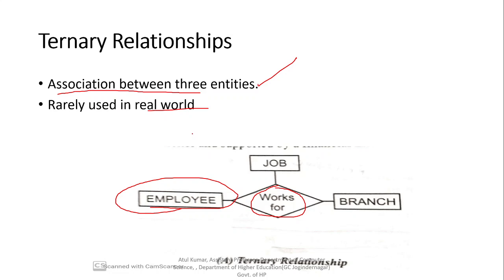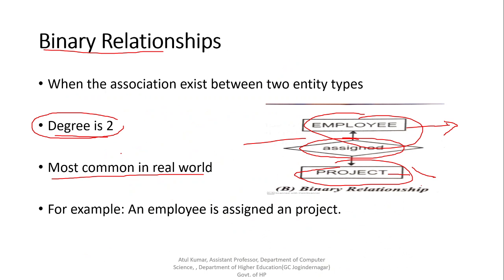As it is rarely used in the real world, if we want these kinds of relationships, we have to separate or divide them into binary relationships, as I have discussed before what a binary relationship is.